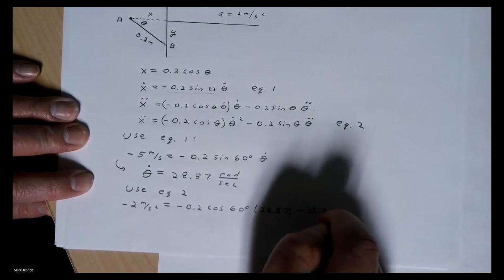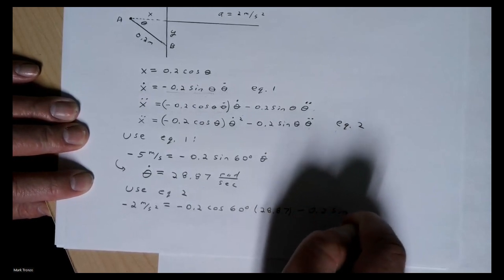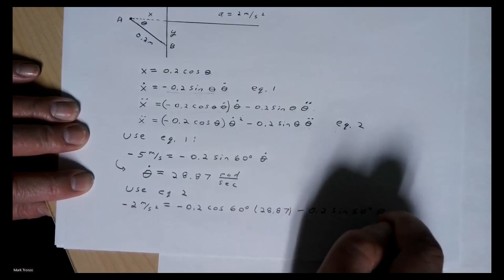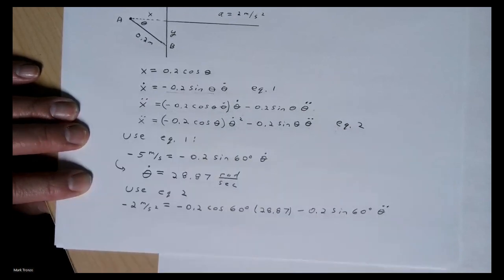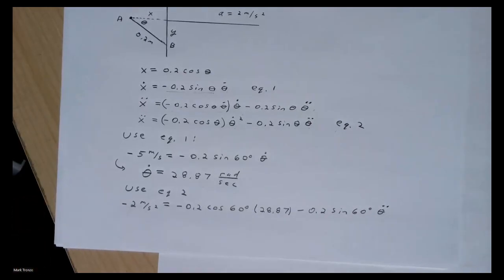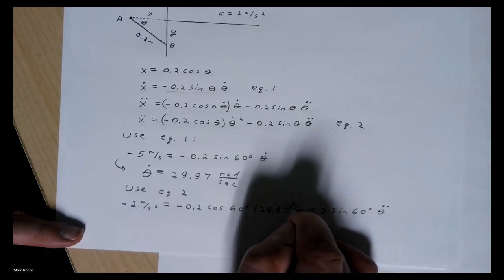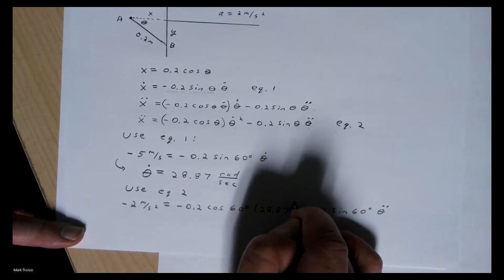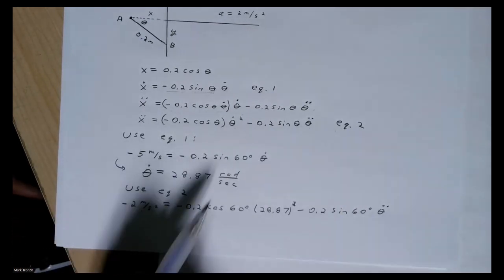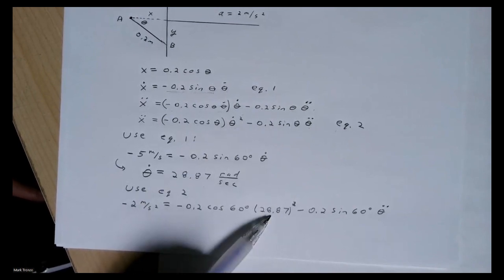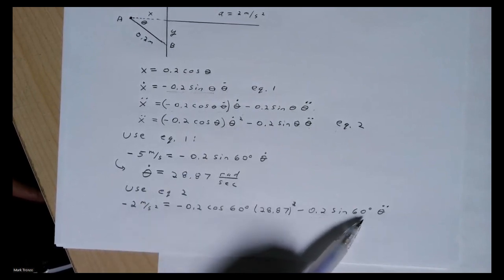Minus 0.2 sine 60 degrees, theta double dot. And I realized I forgot to put the square here. That should be squared. Again, that was our theta dot squared. 0.5.